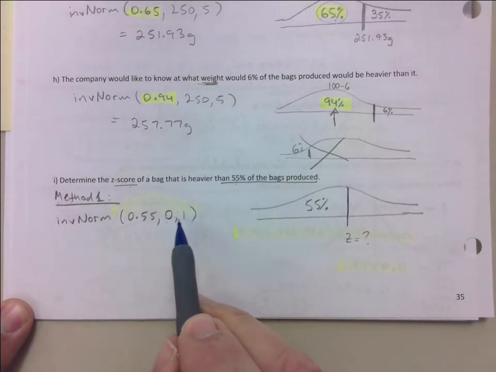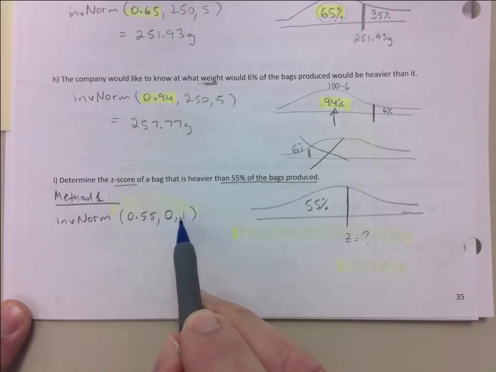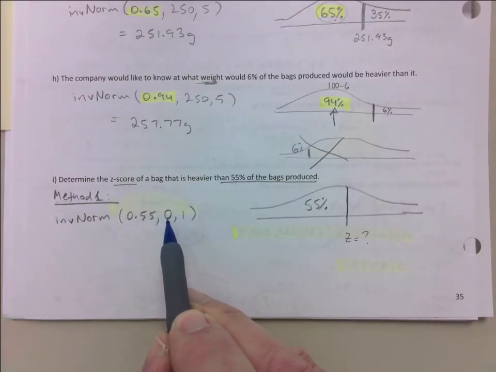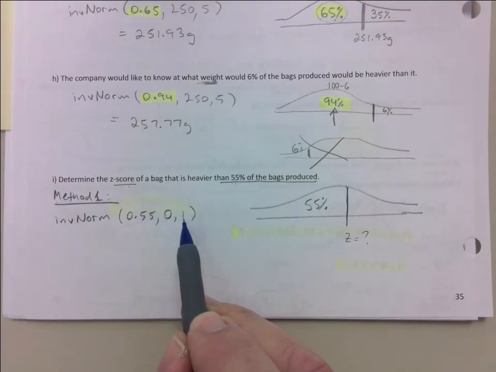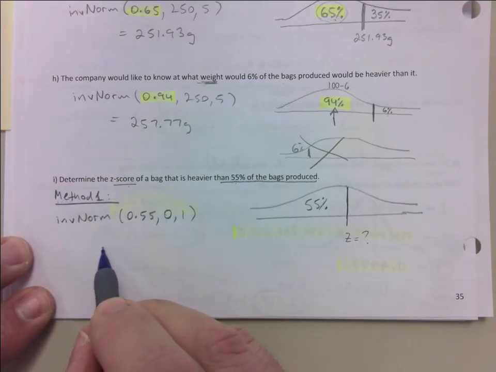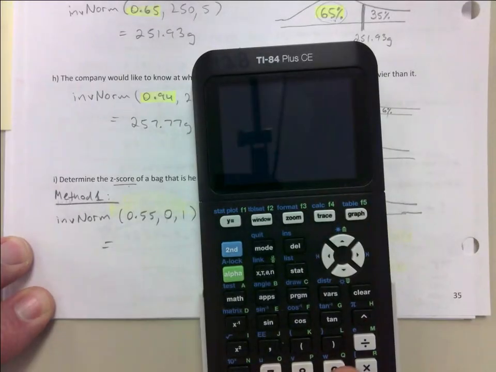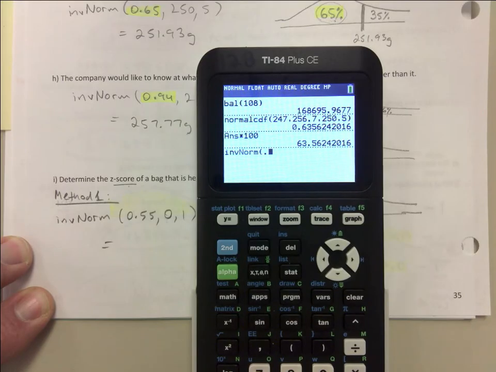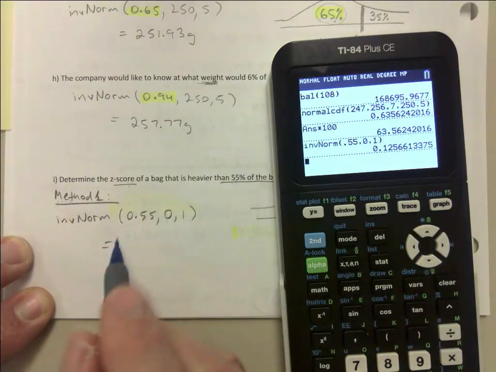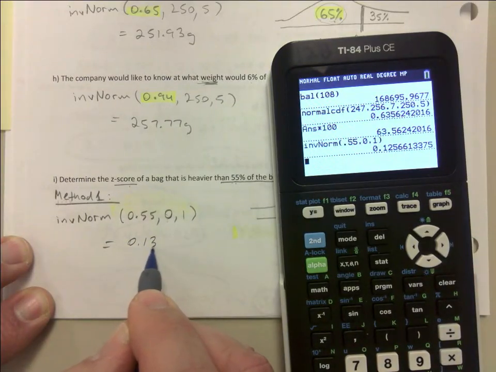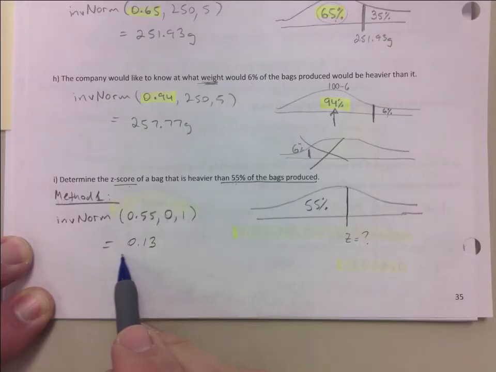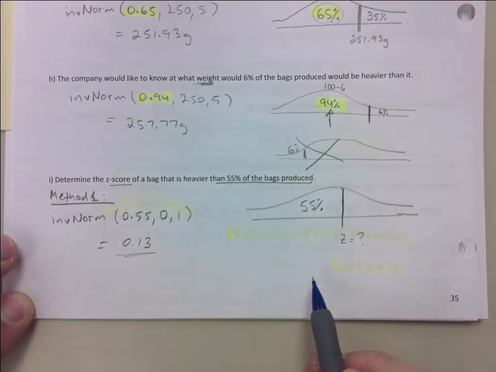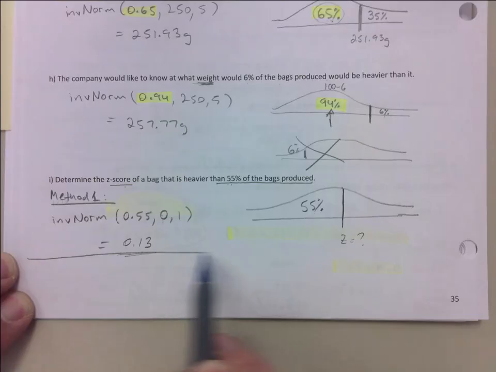Why am I using 0 and 1? Because that is for a z-score, the mean is 0, the standard deviation is 1. So that would be 0.5501. And that's 0.13 as the z-score. Okay, that's the easiest way to do it.